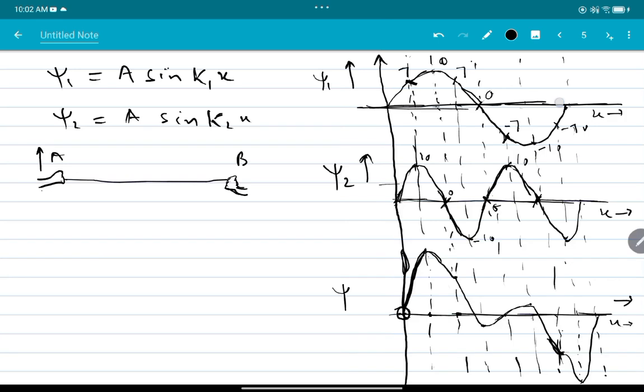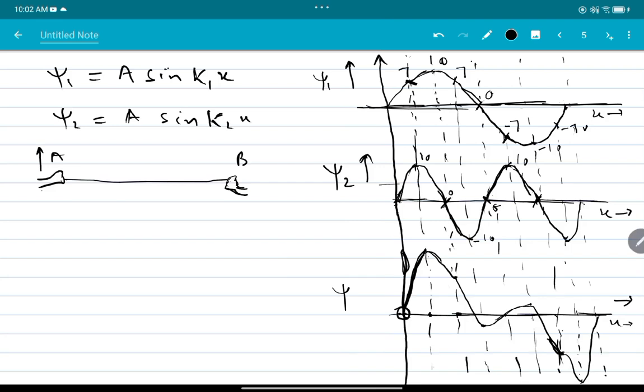And one more thing that is very important. When you combine two waves of different periods, you can see this has one period, lambda. This has a smaller period, lambda by 2. Now, the resultant wave, which is formed because of these two, has the longest period. What is the longest period?